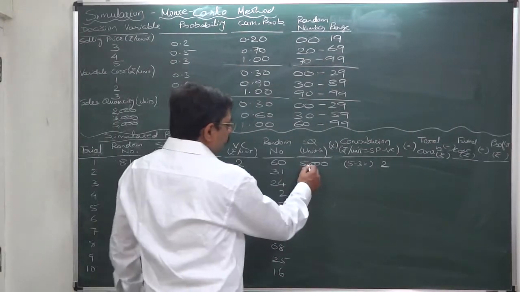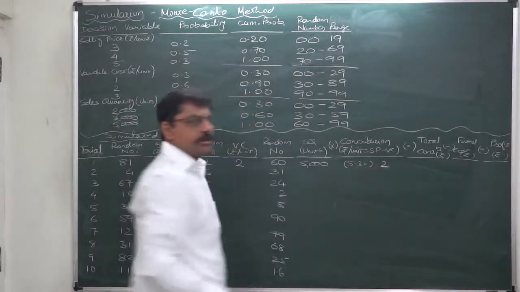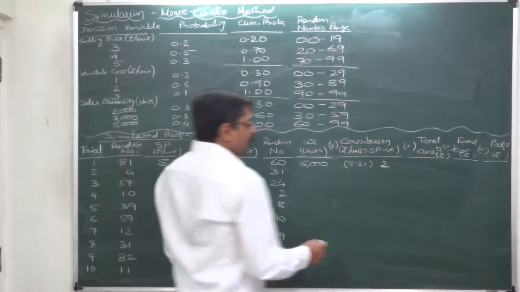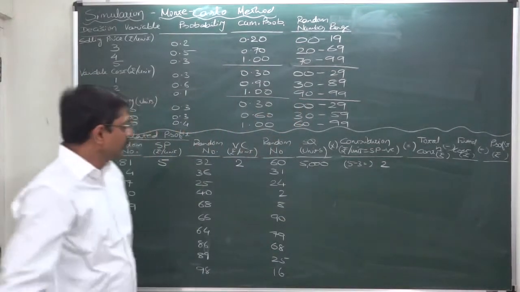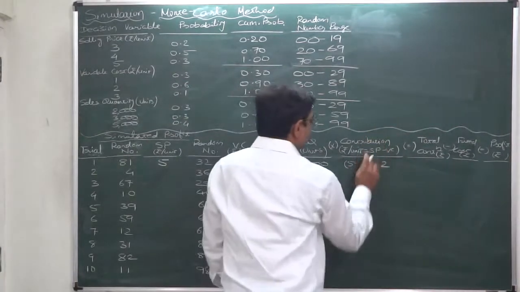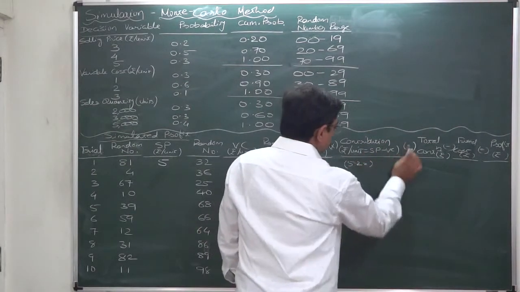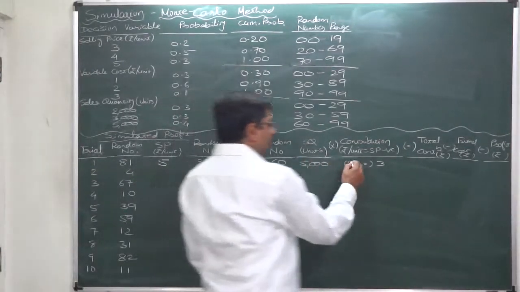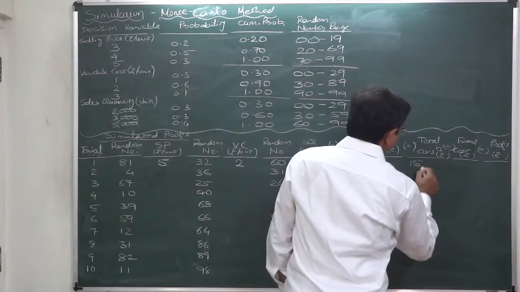Now 5,000 units are sold and contribution per unit of rupees 3 is earned. Total contribution will be 5 into 3, it will be 15,000.